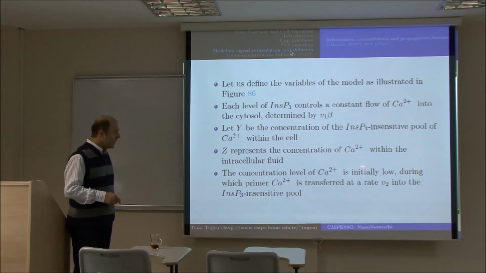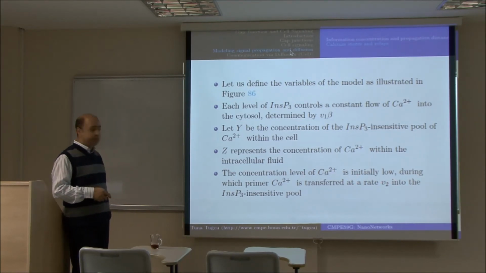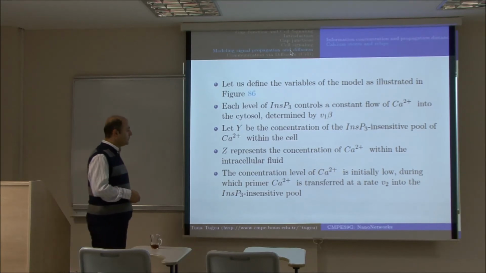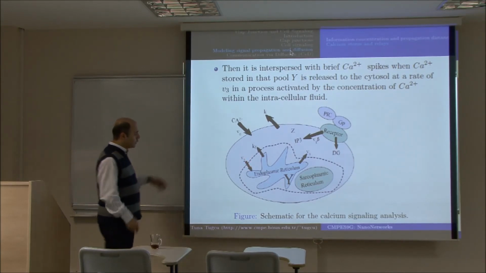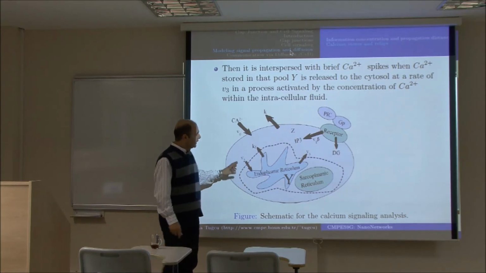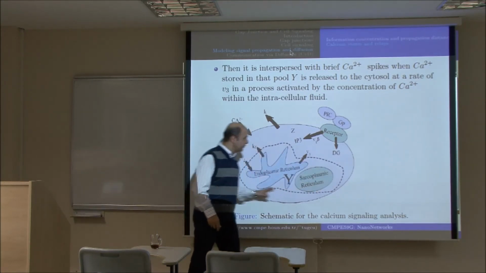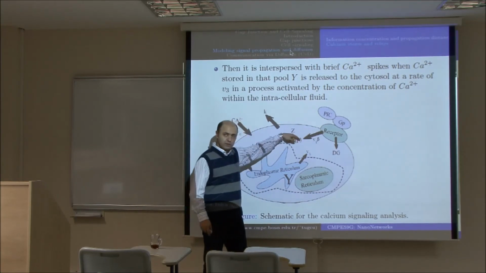So at the rate of V2, calcium ions will be released from the IP3 pool. Sorry, they will be stored into the pool. So let me explain everything over the figure. This is our pool. The arrival of the agonist has triggered the release of IP3 molecules.